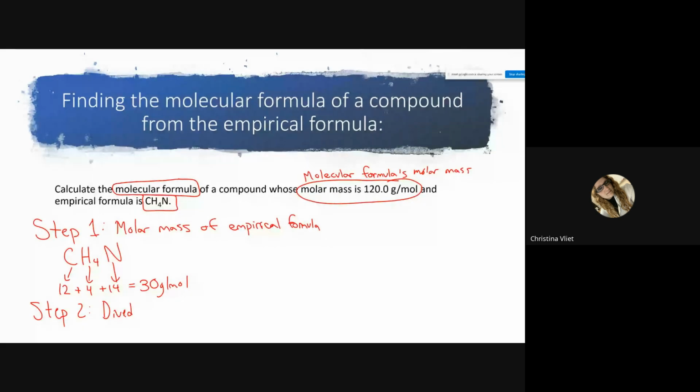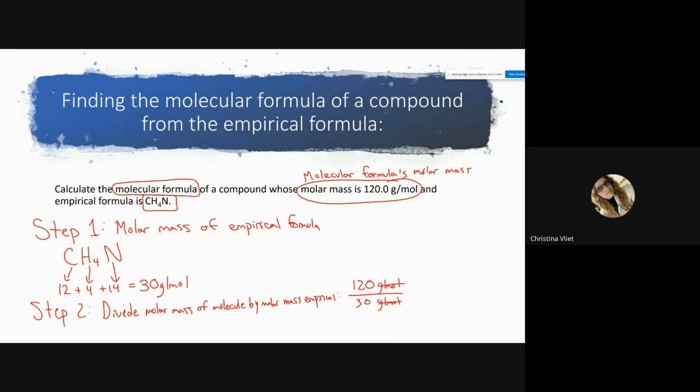the molar mass of the molecule by the molar mass of the empirical formula. So what does that actually look like? 120 grams per mole divided by 30 grams per mole. These units cancel, and you just get a number.